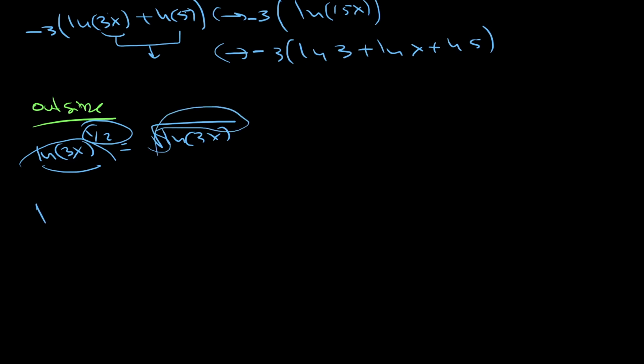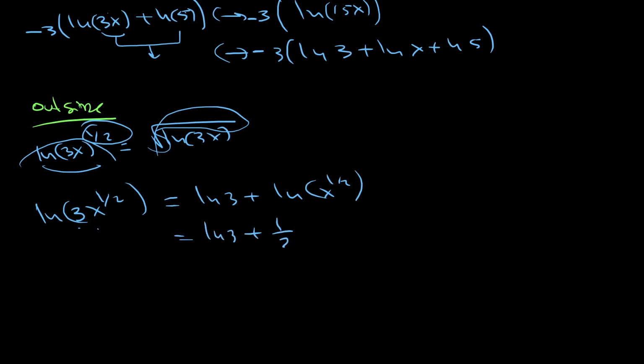If you have the case where it's ln of 3, but then it's the x that has the 1.5 on the inside, all that means is that you have two logarithms. You have ln of 3, and then you have ln of x with 1.5 on the inside, and this is the same thing as saying ln of 3 plus 1.5 ln of x.